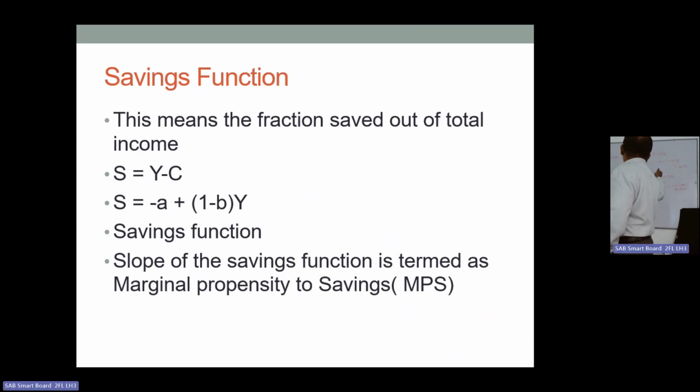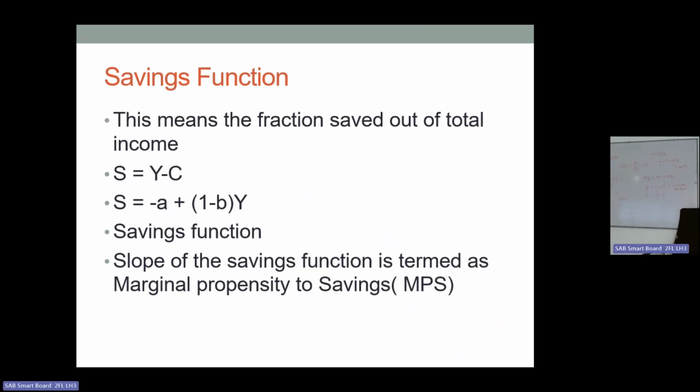So the MPS means delta S over delta Y, the responsiveness of savings to a change in income. Here we assume savings also depends on income. According to Keynesian theory, both consumption and savings depend on income.